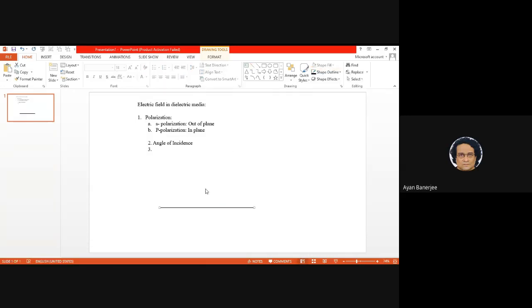The refractive index is absolutely crucial in the sense that it is going to tell you what happens if I have n1 greater than n2 or less than n2, right? That is one of the most crucial things in this case, right?